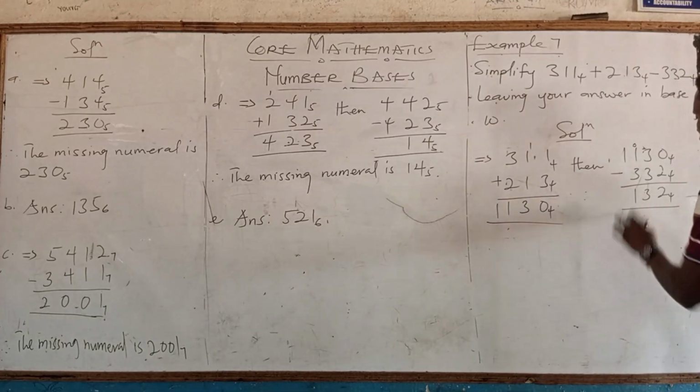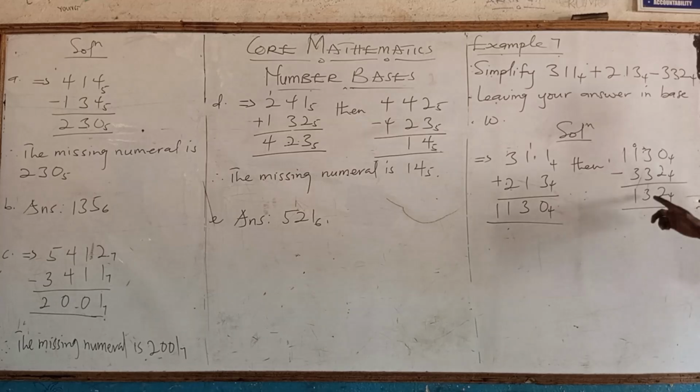So right after that, this is in base 4. Now we have to leave our answer in base 10. So we've added and subtracted and we are having this. This one is telling me I have two units, then 3 groups of 4, then 1 group of 16. Are we getting that?